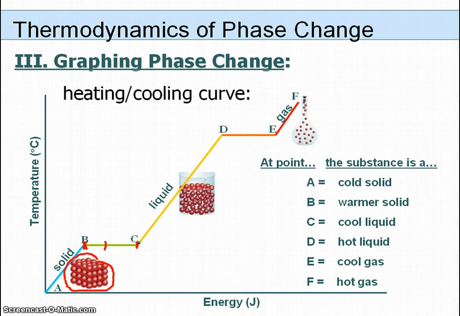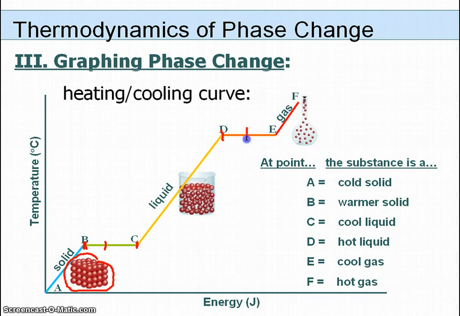Now that every molecule is free to move in the liquid phase, that liquid can increase its temperature up to point D. Point D would be the boiling point or vaporization point of that liquid. At point D, we have 100% liquid.